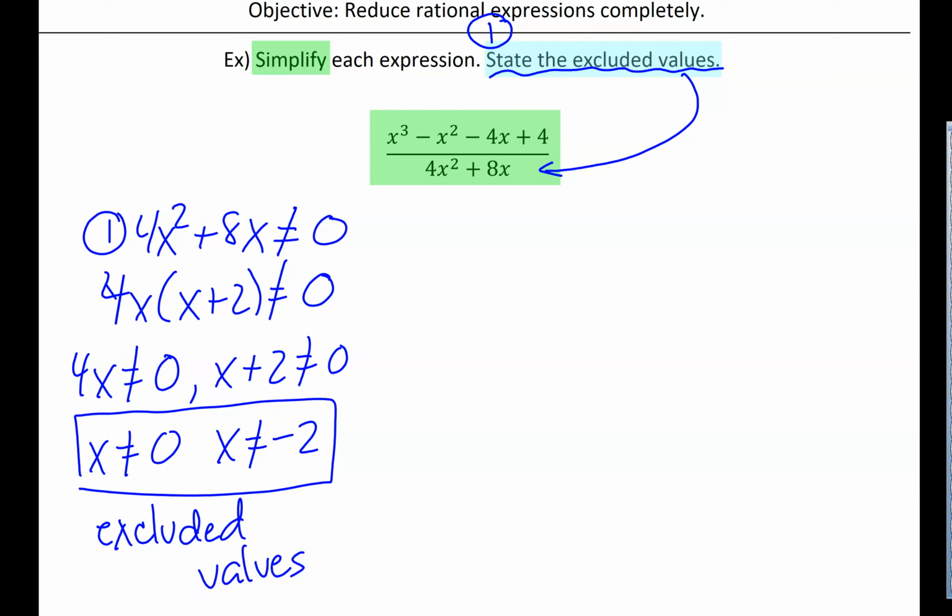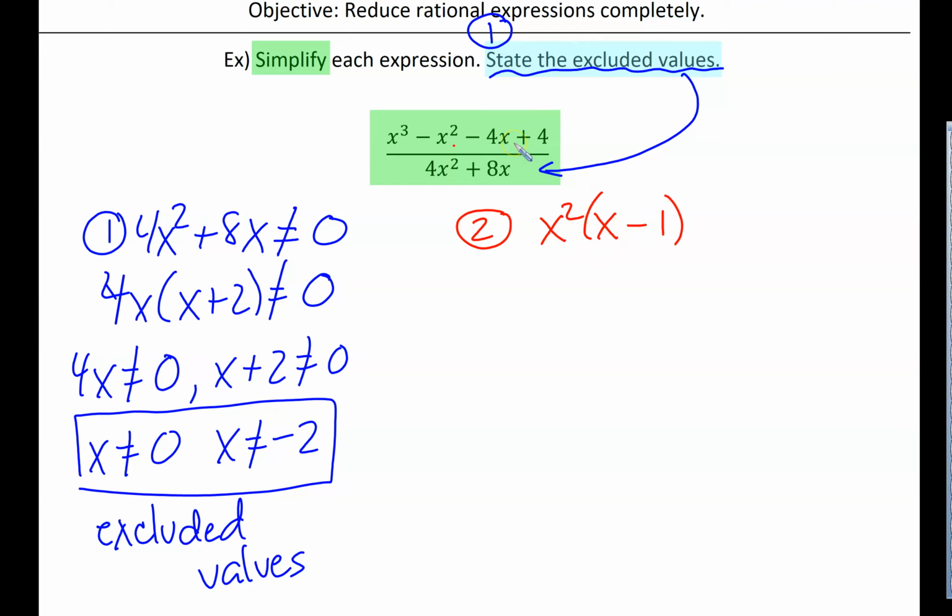Then moving on with the simplifying or reducing of this rational expression. So I would factor both my numerator and denominator completely. My numerator is 4 terms. And looking at the 4 terms, the GCF of all 4 terms is just a 1, so I move on to grouping. So my first 2 terms, they have a GCF of x squared, and that would be x minus 1.